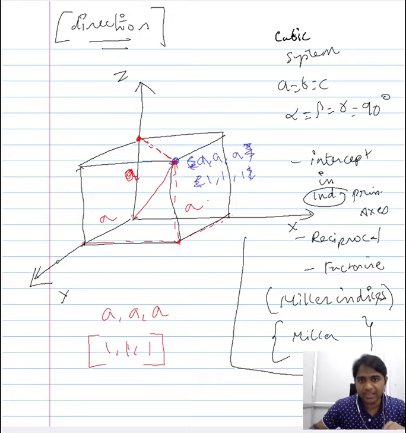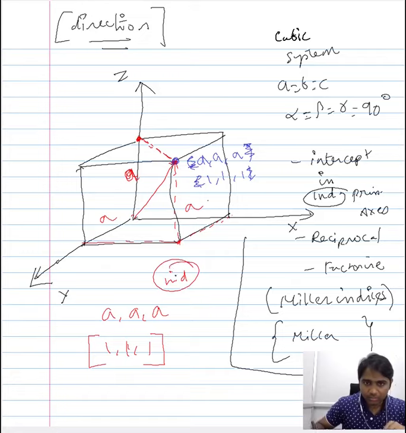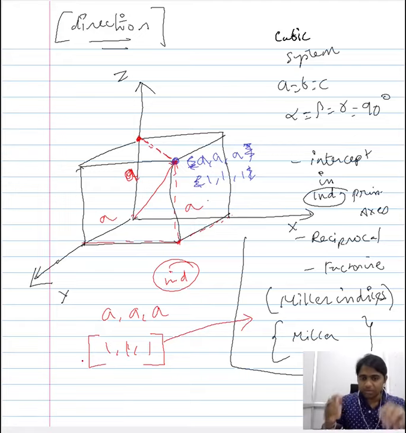Same goes for the y axis and the z axis. Then you factorize by dividing each term by a, and you ultimately end up with 1, 1, 1. So this, when enclosed by square brackets, represents the direction. These indices are referred to as the Miller indices, and when Miller indices are enclosed by a square bracket, they represent a direction.